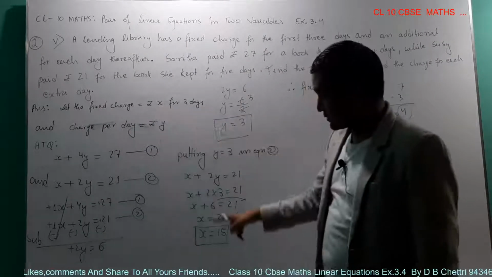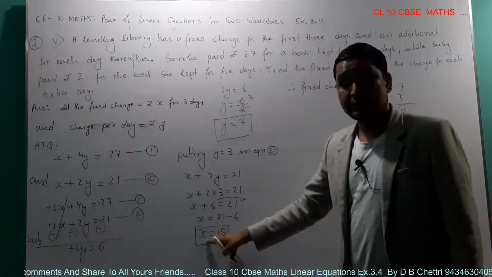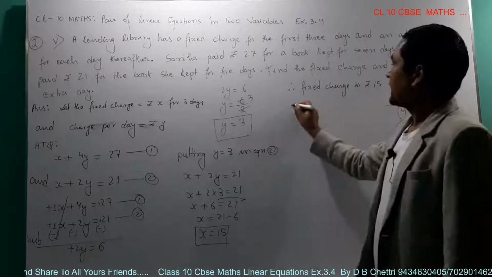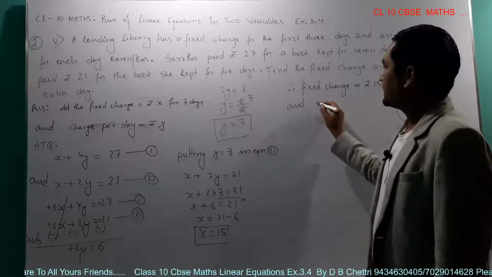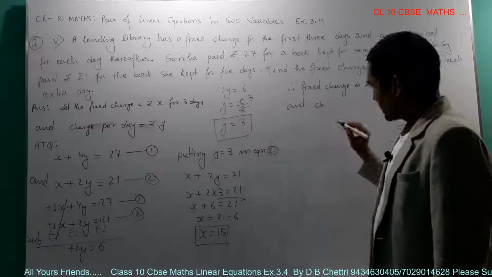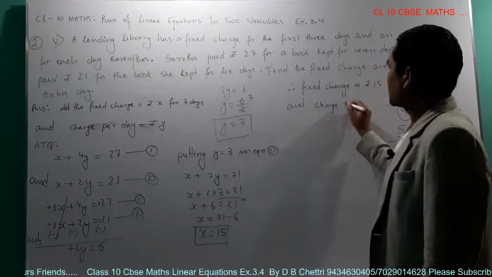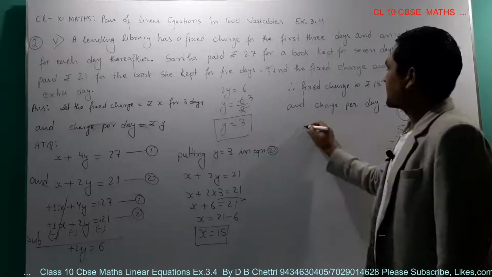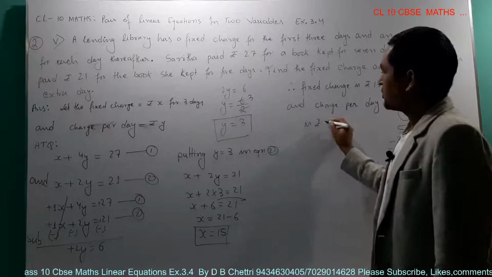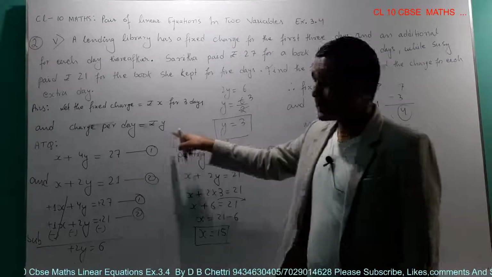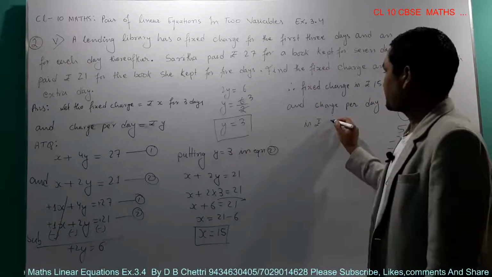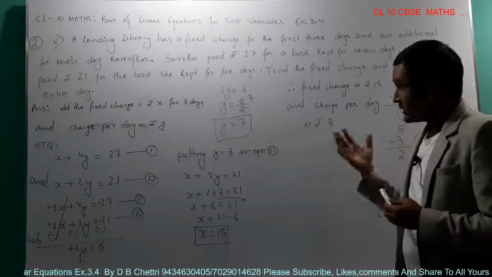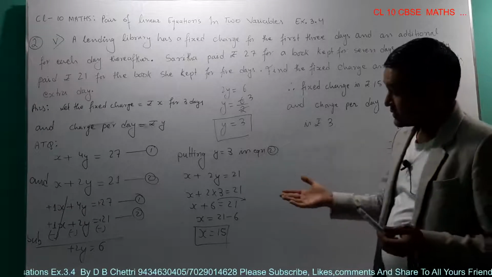X. That means how much we got the value for x? 15 rupees, 15, and charge per day is rupees how much? Charge per day is y. Then what is the value of y? 3 rupees, 3.